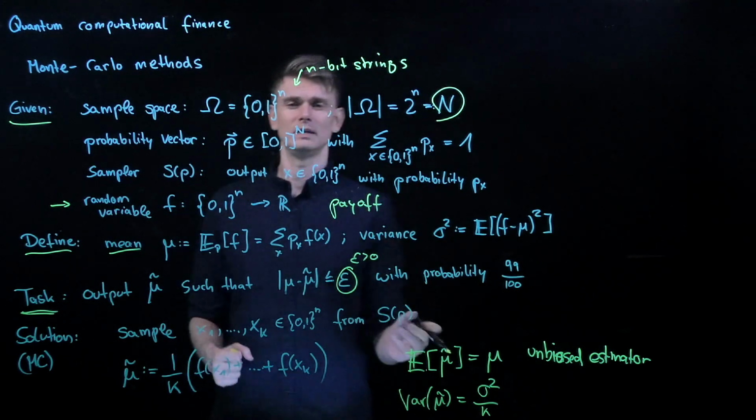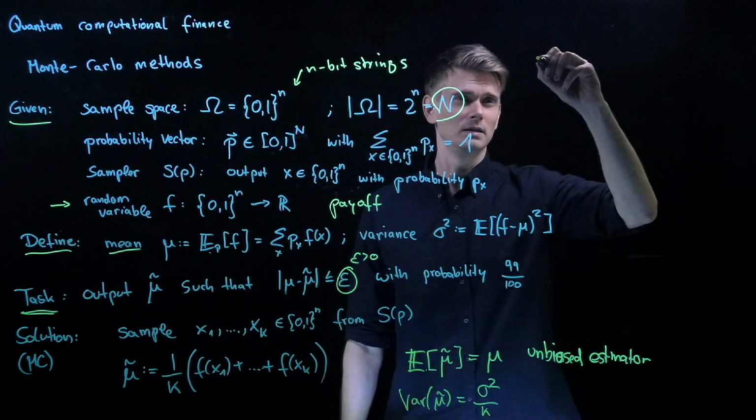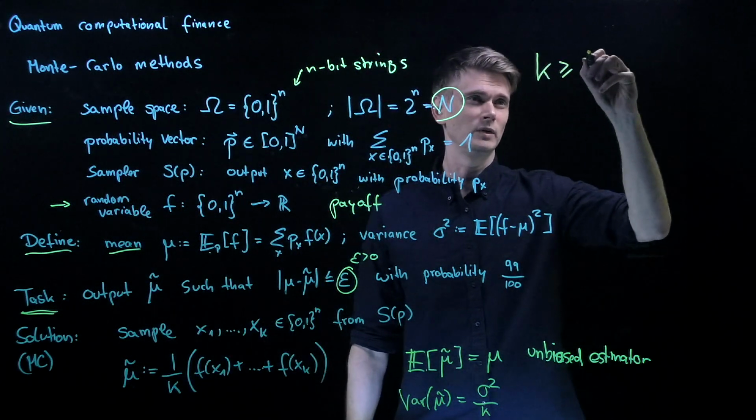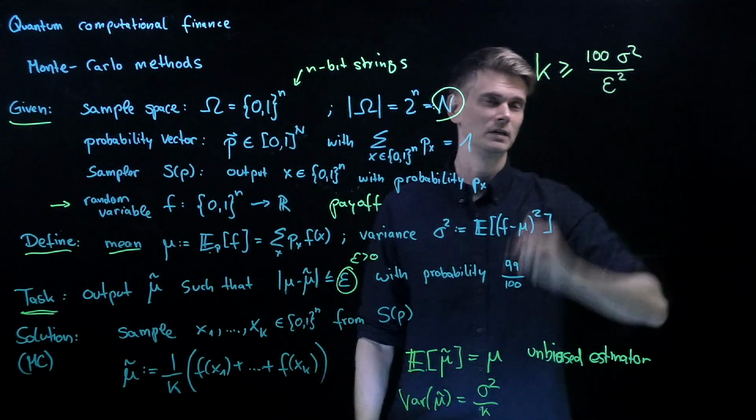It turns out that the number of samples k that we have to choose is at least 100 sigma squared over epsilon squared.